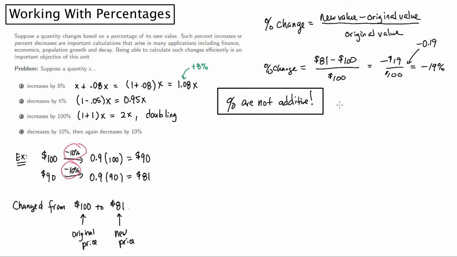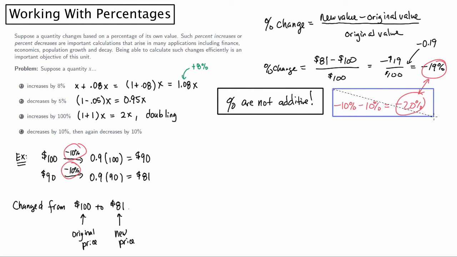So I can't simply take minus 10% and say that that is equal to minus 20%, because it's not. You see that those are two different values for this problem. And so, however you want to do this, this is not the way to handle this problem. We do not do that. We do not add percentages. Percentages are not additive quantities when you're trying to determine an overall rate.